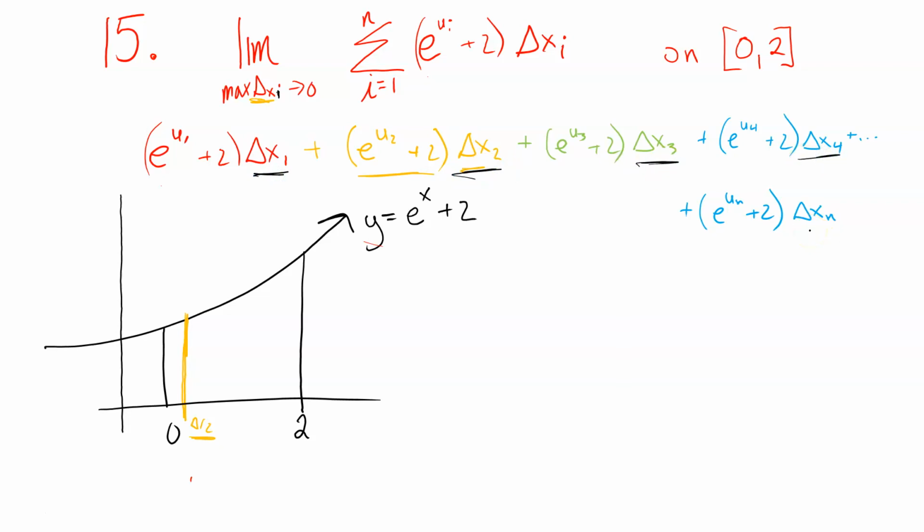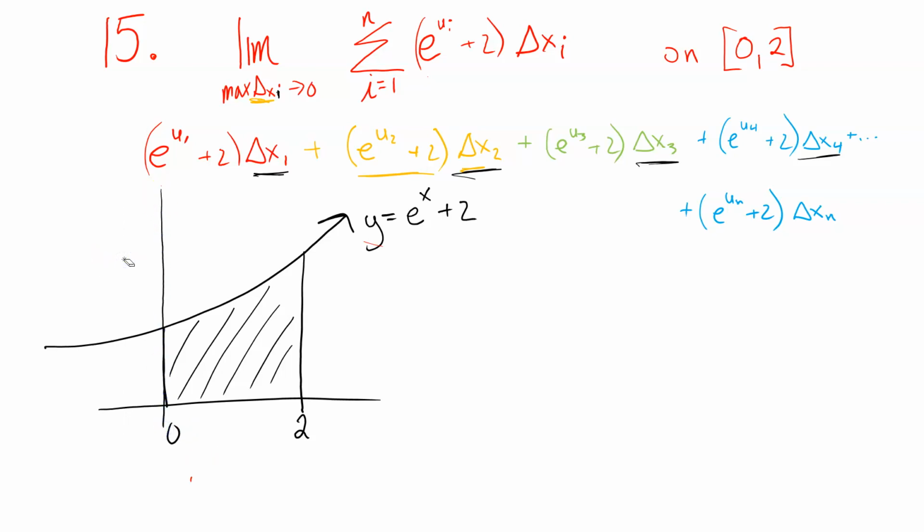How many rectangles would we need to draw in to fill up the area underneath e to the x plus 2 on the interval 0 to 2? Well, let's think about it.